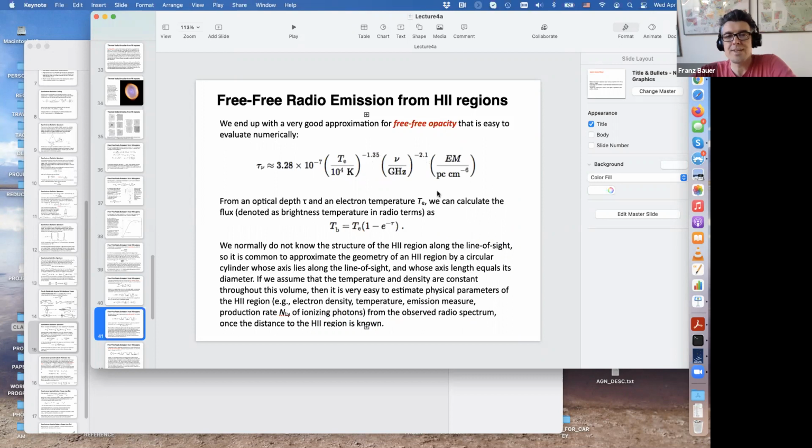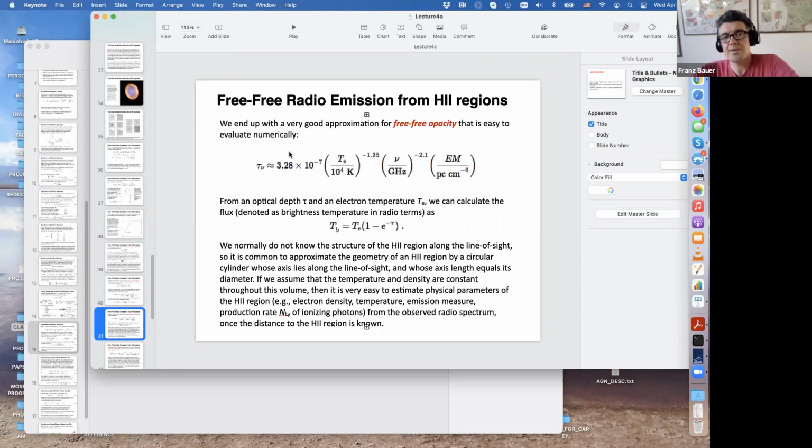And so this is a very easy formula you can just plug in. The typical H2 region might have a temperature of 10 to the 4, so this is 1. You might be measuring in the radio, so in gigahertz, so this is a few. And so then you just start caring about this, which is the size of the region and the density squared in that region. And so tau is pretty easily proportional to the density squared.